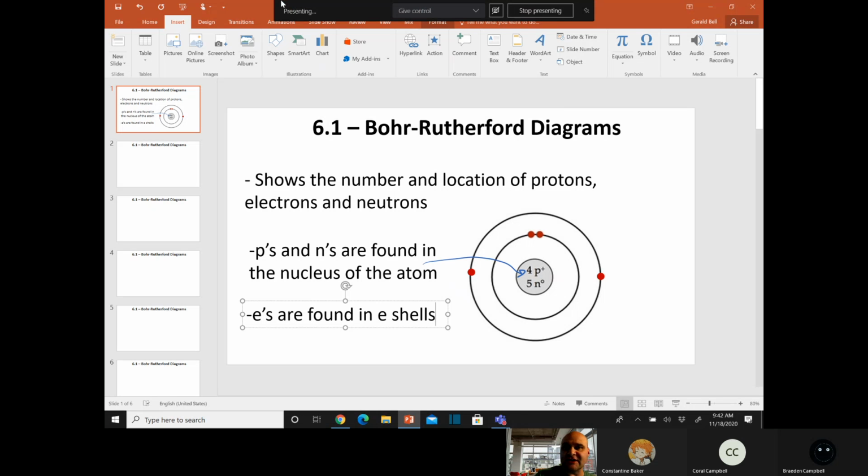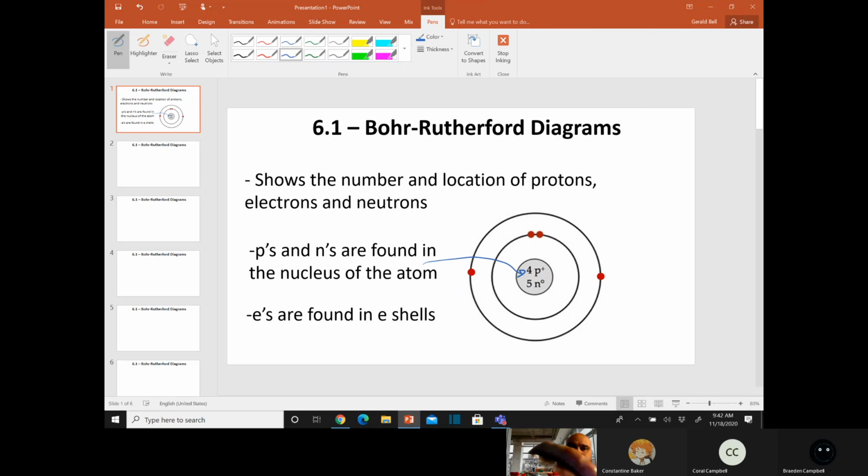And this atom has a couple of shells. So we are going to have a quiz later on yesterday's stuff and today's stuff.